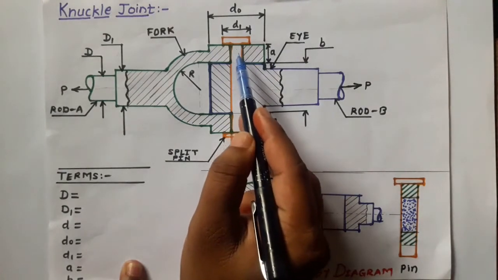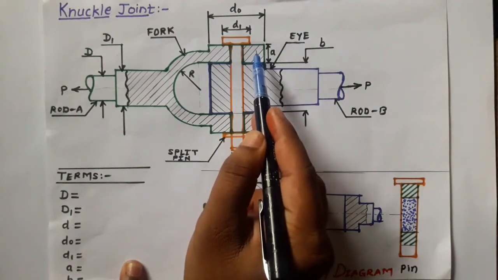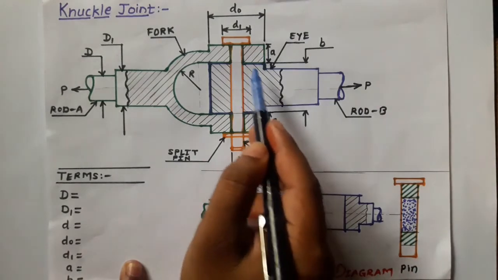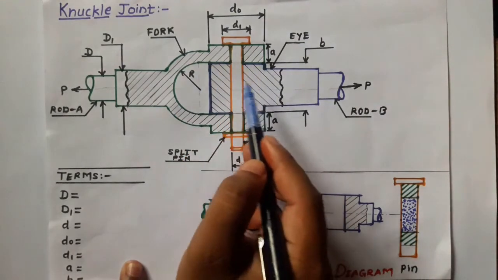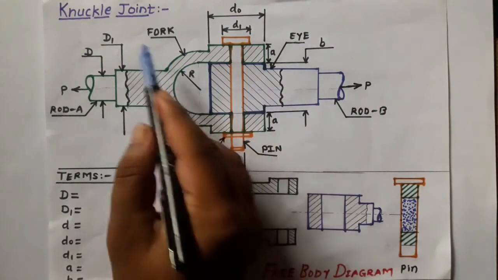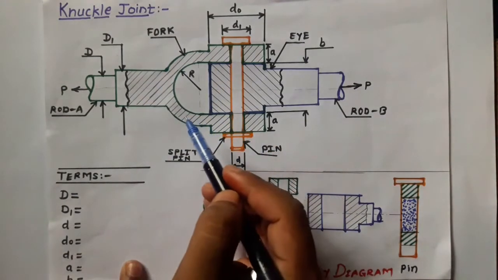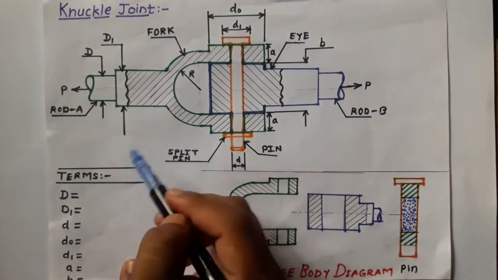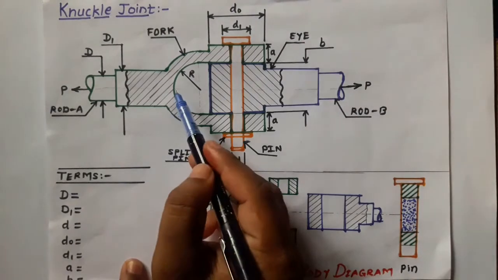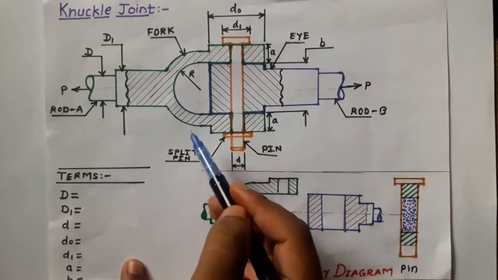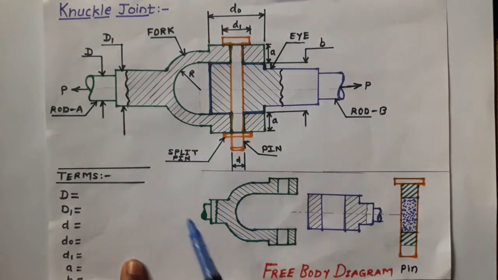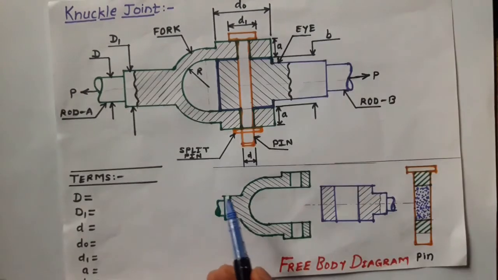The pin is inserted into the common hole of this fork and eye, and in this way the fork, eye and pin are assembled to get the knuckle joint. Again we will write the geometric parameters for the knuckle joint, and then we'll switch to the free body diagram for the knuckle joint.